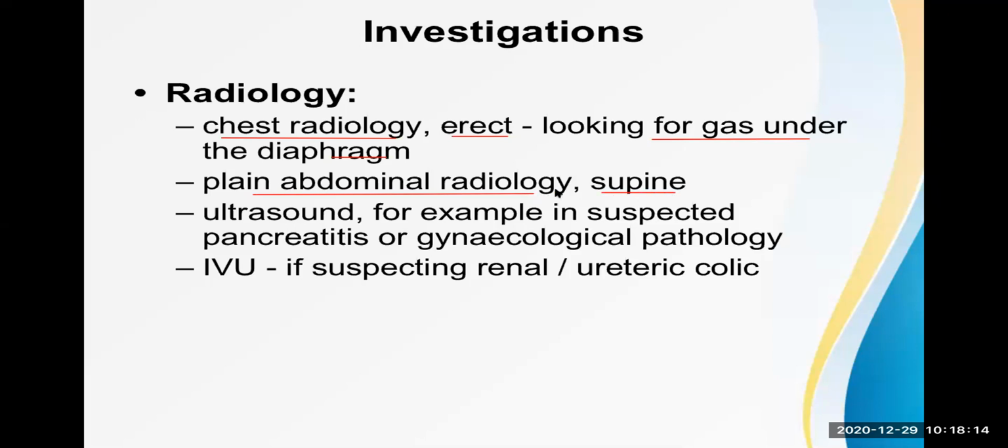Erect view is also important. In case of acute intestinal obstruction, we can see the air fluid level if we take the erect view. In the supine view, we can see the distension of the intestine, the pattern of intestinal obstruction, and all those things. We'll talk about that in the particular class.